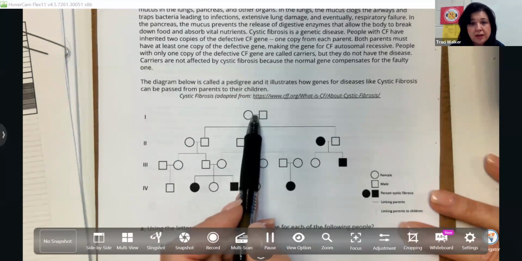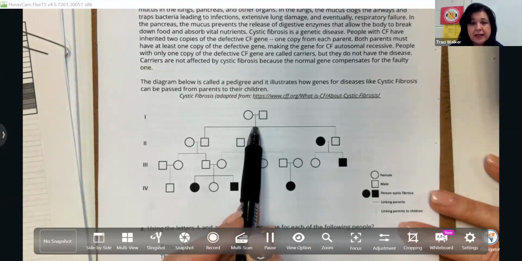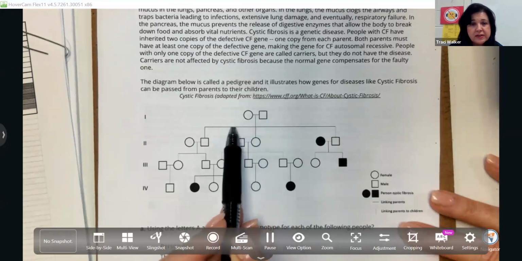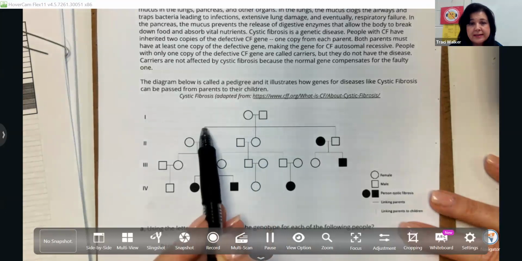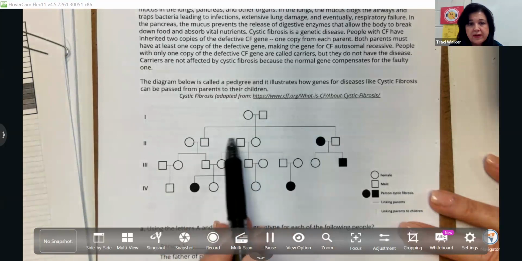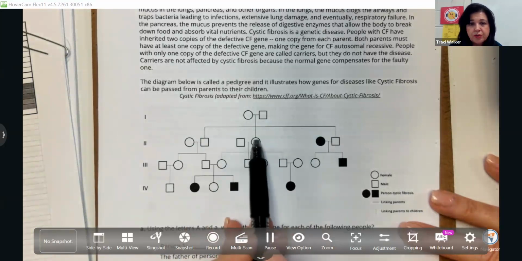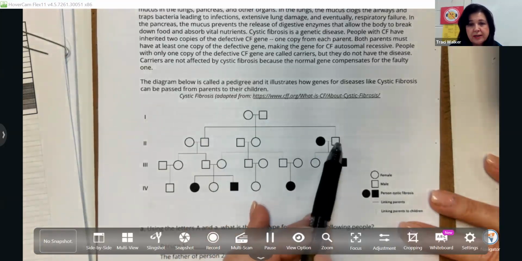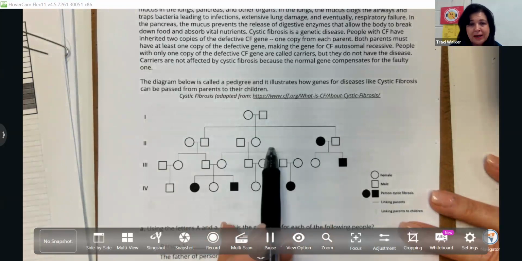The vertical line that comes down from that couple indicates their children. From that vertical line, you have this horizontal line that connects to their children. So they have 1, 2, 3 children, and all 3 of their children are married.